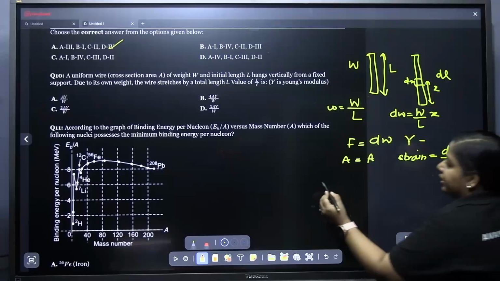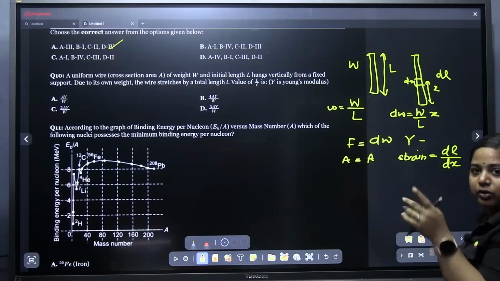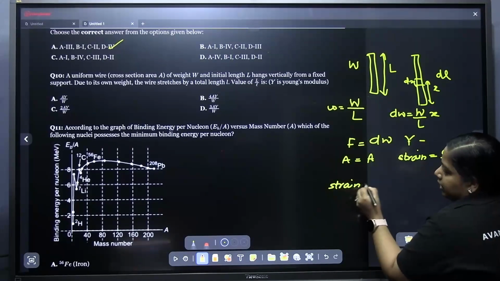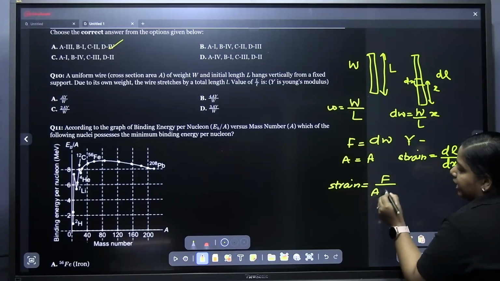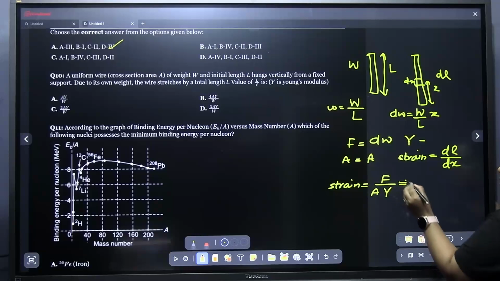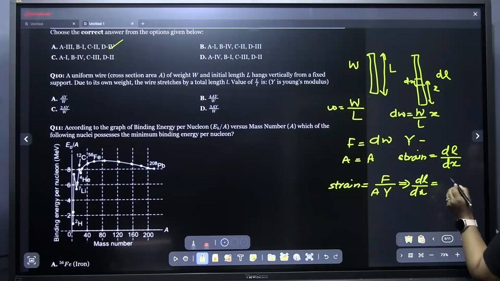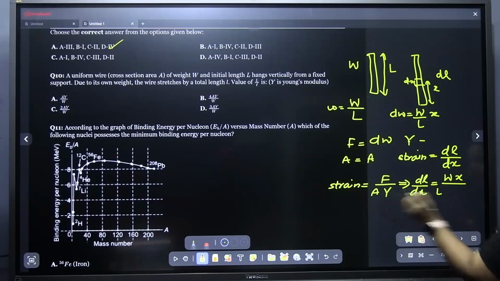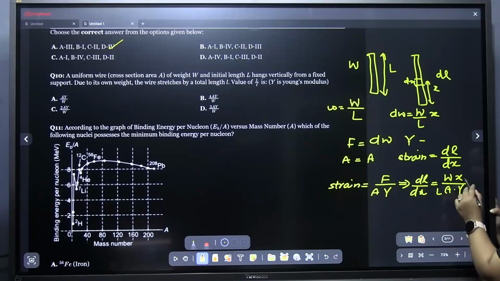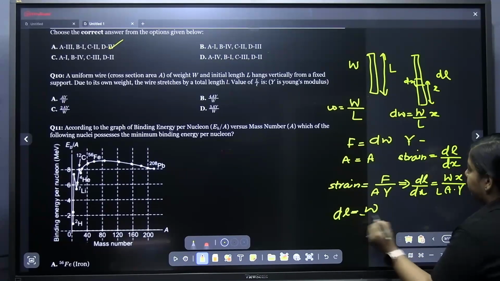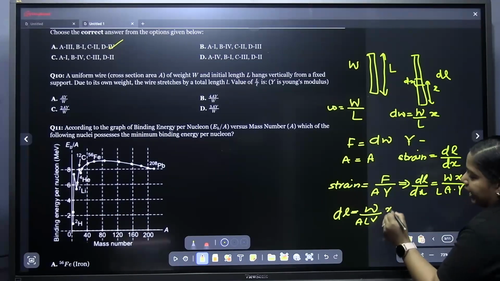Strain is equal to F by A into Y, so strain equals force by area into Y. From this you will get dl by dx is equal to force dW, that is W x by L into A into Y. Now dx is here, bring it to this side. dl is equal to W by A L Y, x dx.